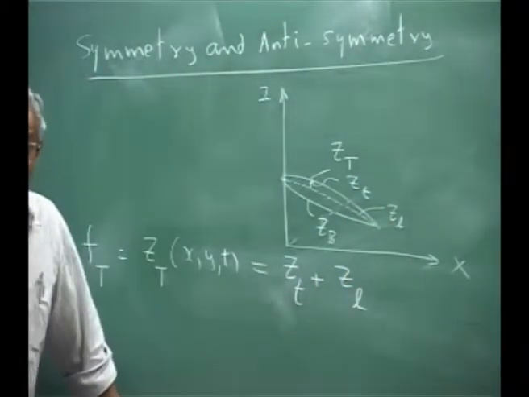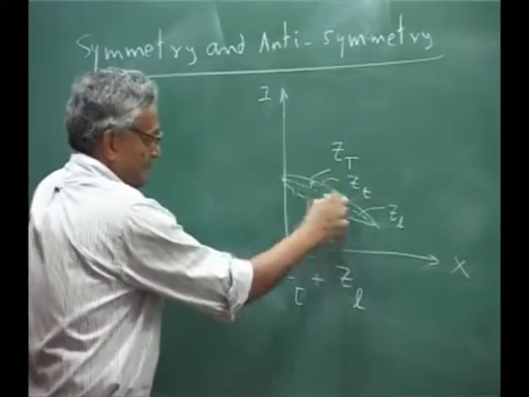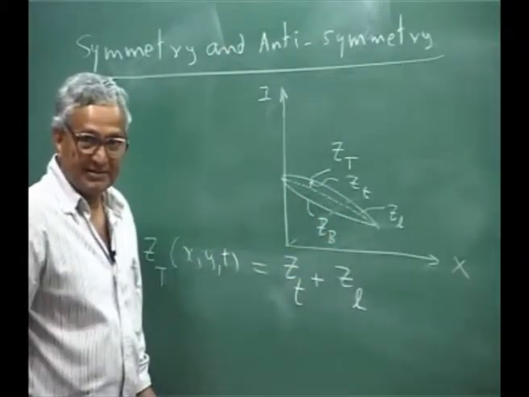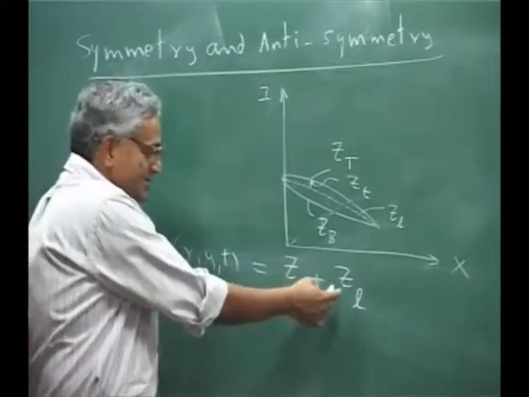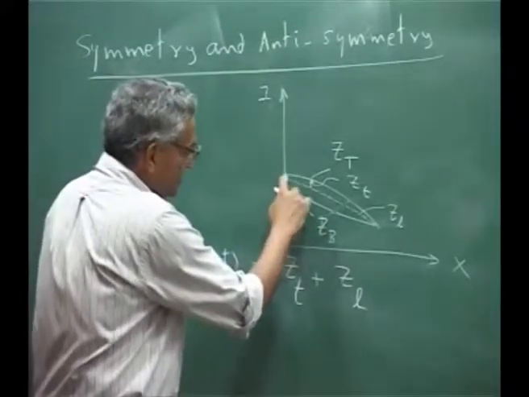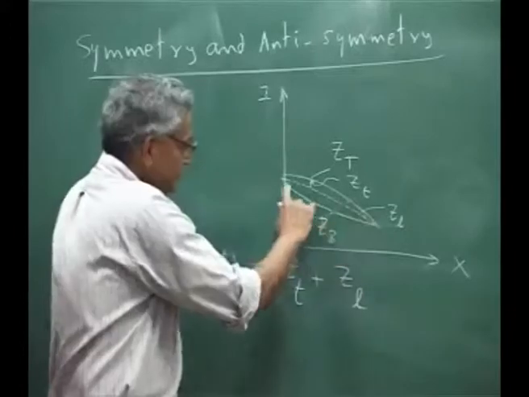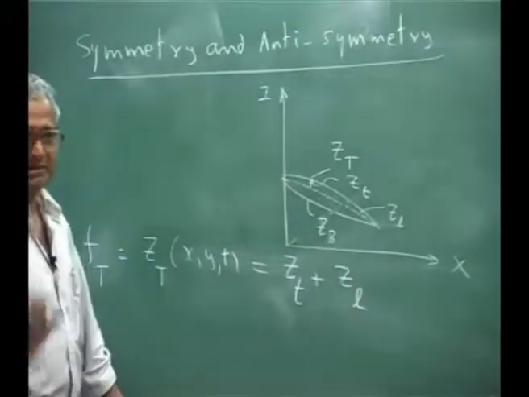That is, as though I can split into two parts. One is the thickness, another one is the lifting component. That means I am writing this surface as though this is this surface plus a small thickness.